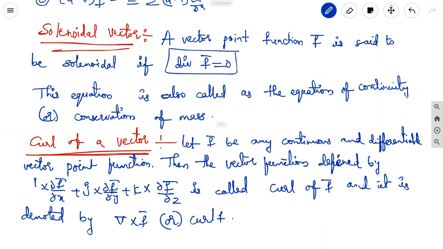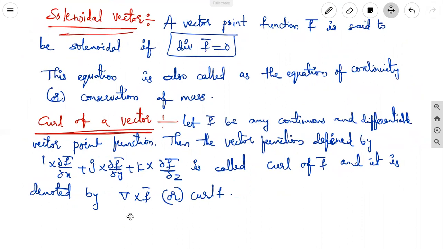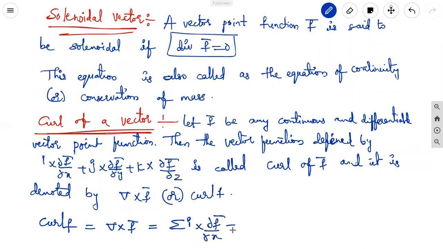That is nothing but curl f vector is equal to del cross f vector equal to sigma i cross dou f vector by dou x, or the determinant of i, j, k, dou by dou x, dou by dou y, dou by dou z, f1, f2, f3.